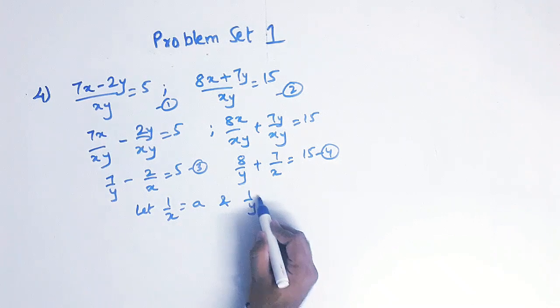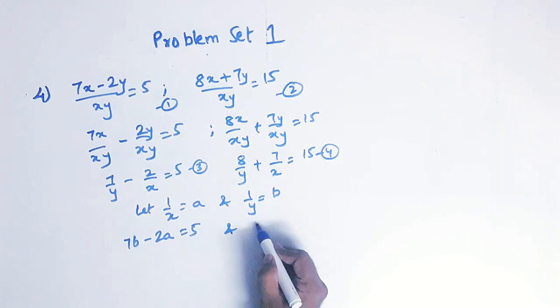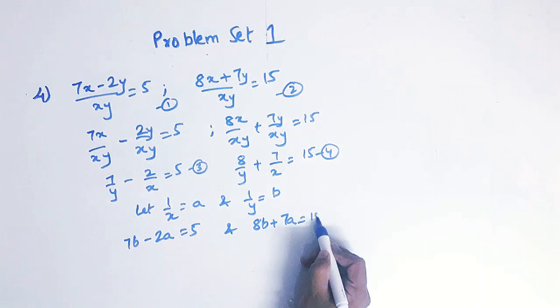Okay, now if you see, now I can take 1 upon x as a and 1 upon y as b. Okay, so this becomes 7b minus 2a equals to 5, and this becomes 8b plus 7a equals to 15.